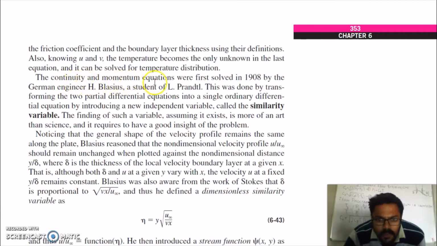The continuity and momentum equations were solved in 1908 by the German engineer Blasius. This was done by transforming the two partial differential equations into a single ordinary differential equation by introducing a new independent variable called the similarity variable.